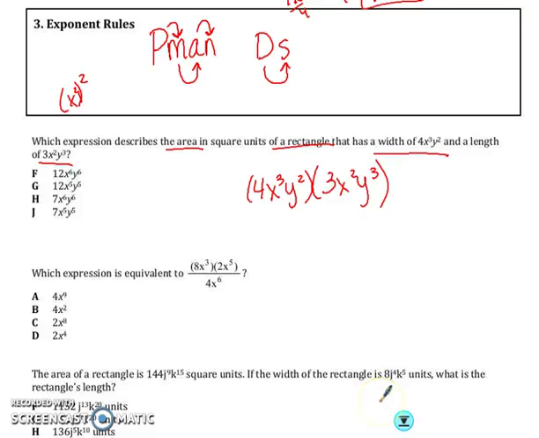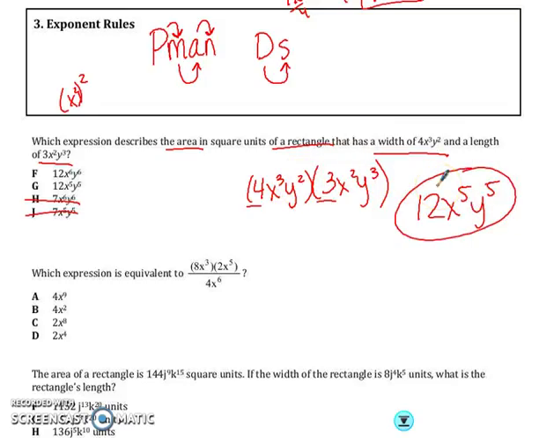So I'm multiplying. When you're multiplying, you multiply your big numbers. 4 times 3 is 12. So automatically I can get rid of H and J. And then I add my exponents. 3 plus 2 is 5, and 2 plus 3 is 5. That's the correct answer. So G would be what you get.